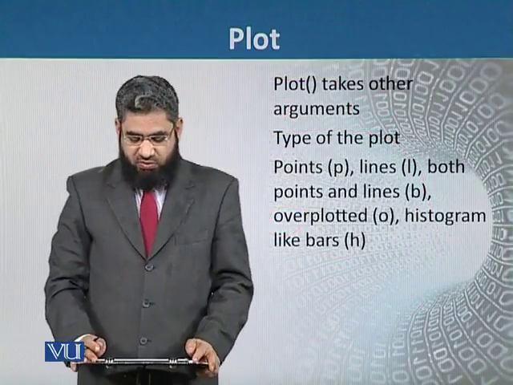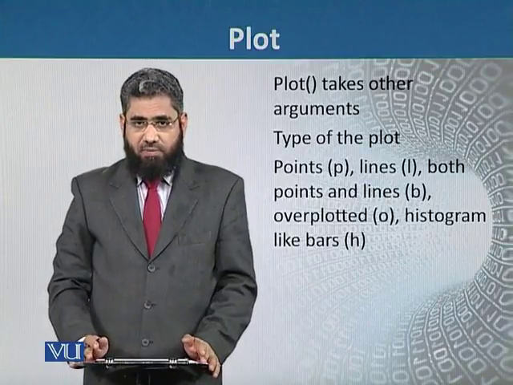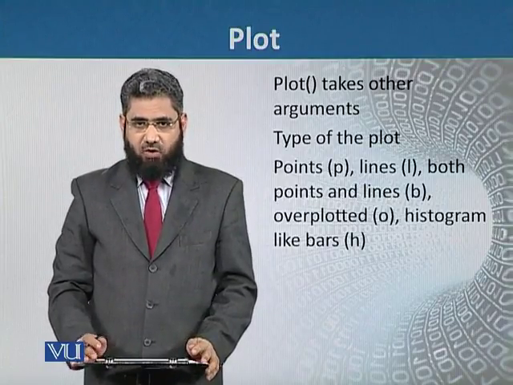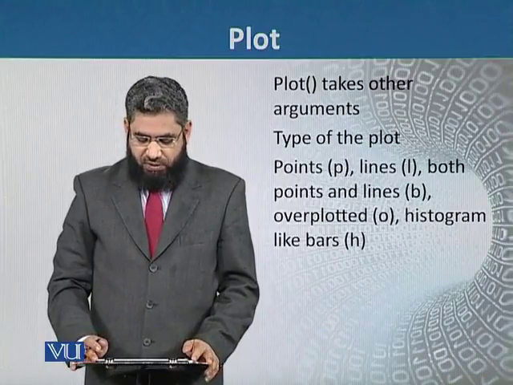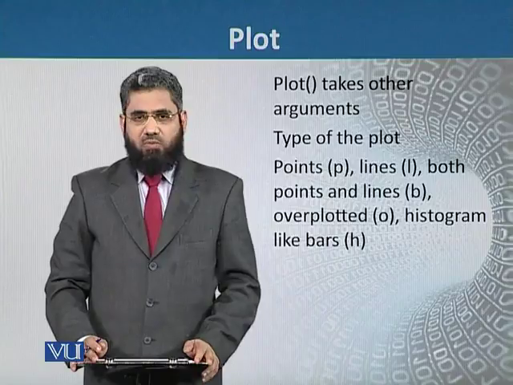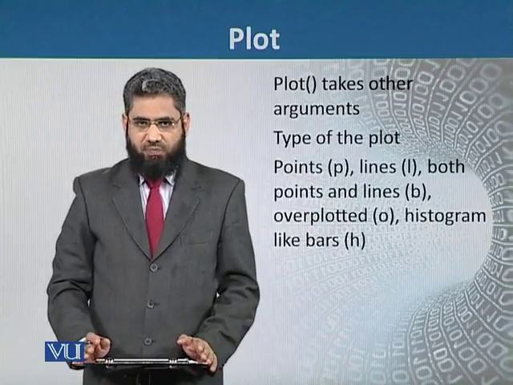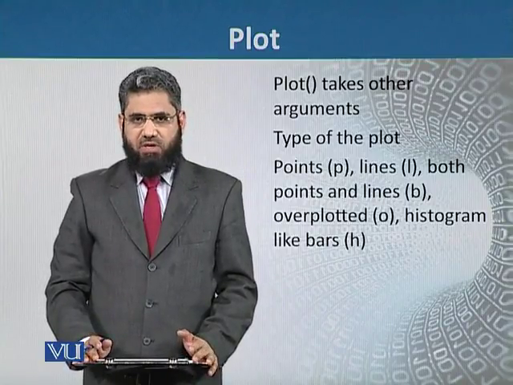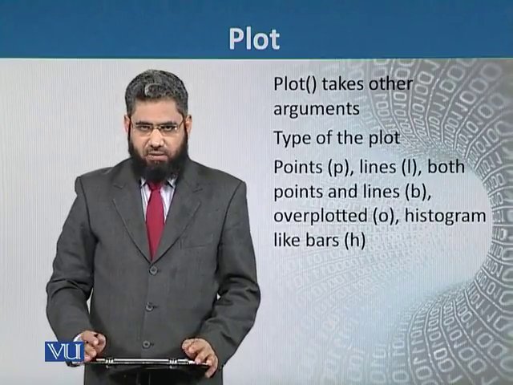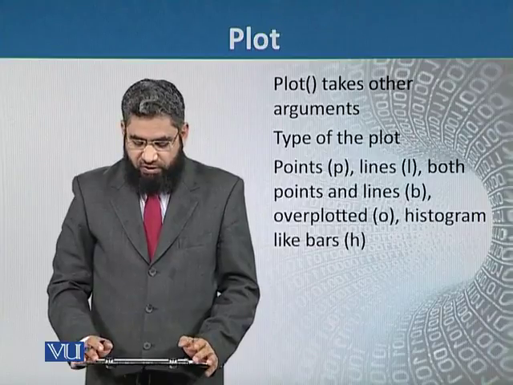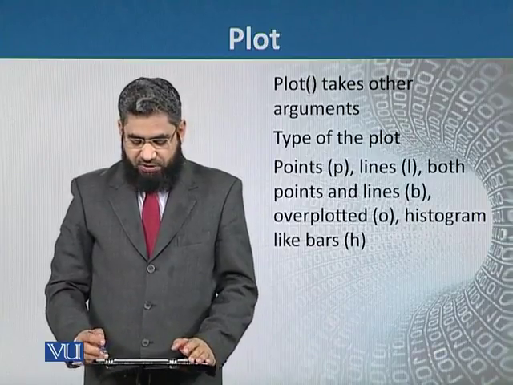Apart from the plot command, we can use other arguments after the plot command, such as the argument type. This type argument can be used to generate different types of plots.